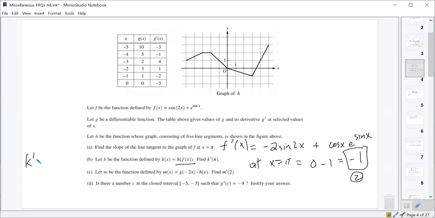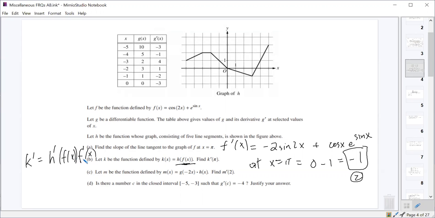K prime ought to be h prime of f times f prime. Right? That's how that chain rule works, right? The derivative of the outer function, so h prime, evaluated at the inner function, f, so h prime of f, times the derivative of the inner function, f prime.